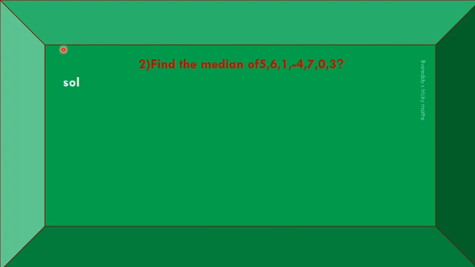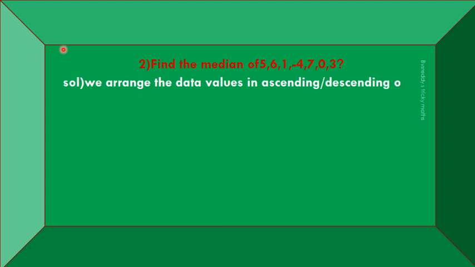So let us see the solution. The first step is writing in ascending or descending order. We arrange the data values in ascending or descending order. Here how many values are given? 1, 2, 3, 4, 5, 6, 7.